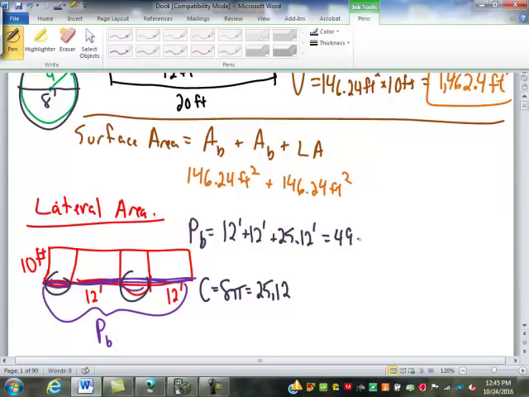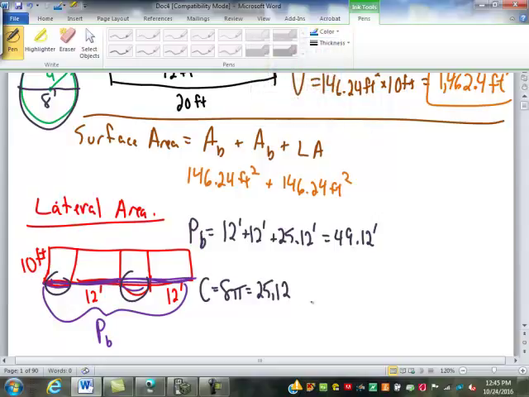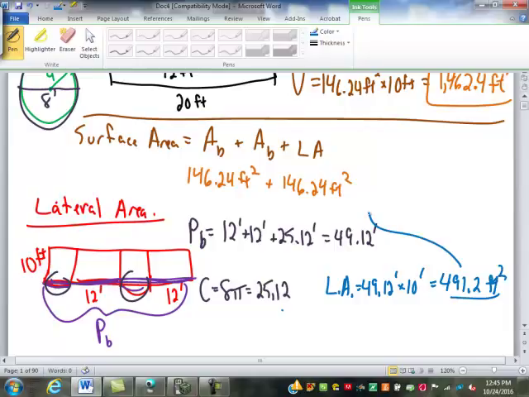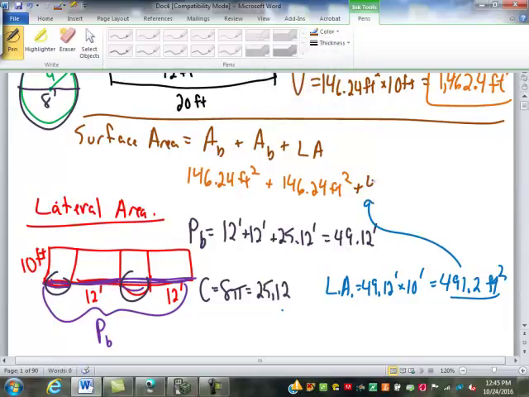So otherwise known as 49.12 feet is the perimeter of the base, which will give us the lateral area of 49.12 feet times that height of 10 feet, which is 491.2 square feet, which will go up here, add to this list.